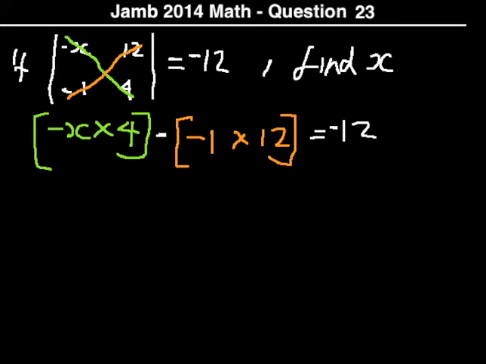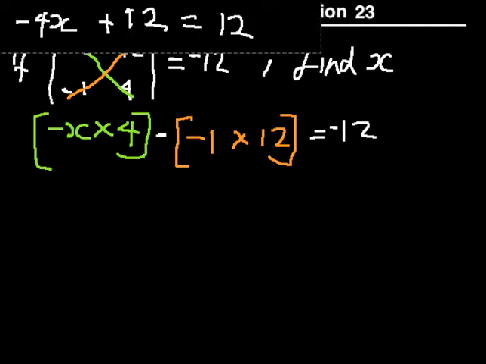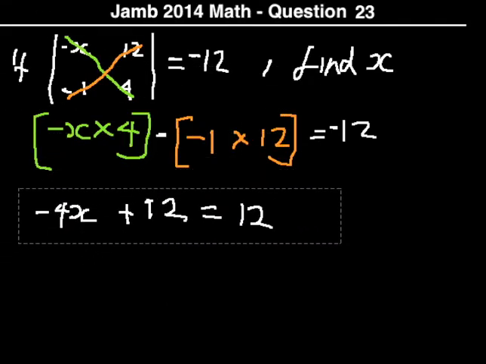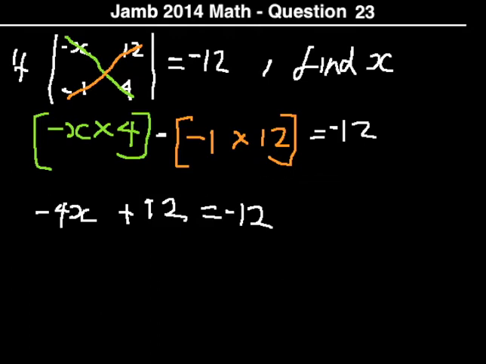So let's continue on. To simplify this, we're going to have minus 4x plus 12 is equal to minus 12. And at this point, all we have to do is subtract 12 from both sides.